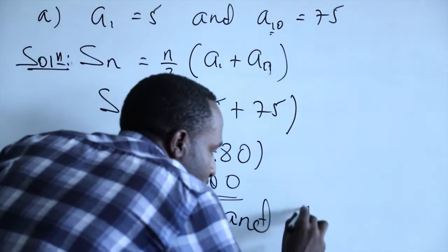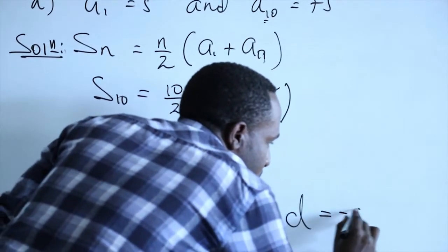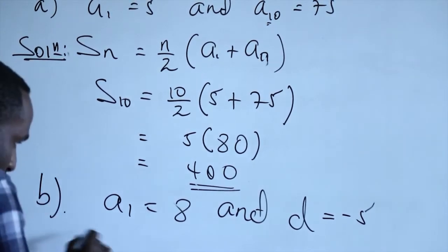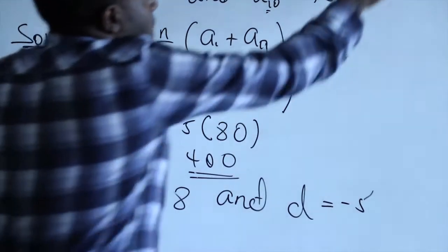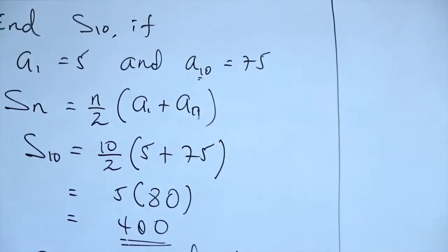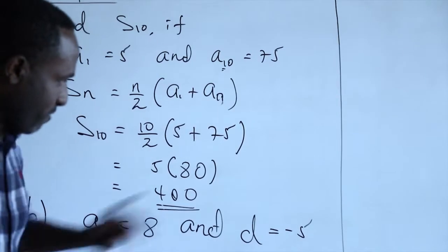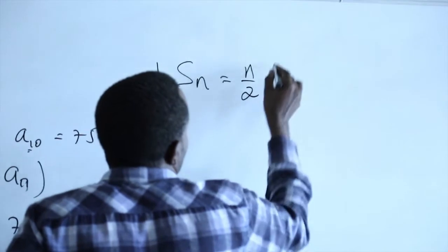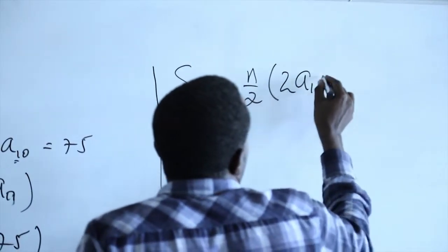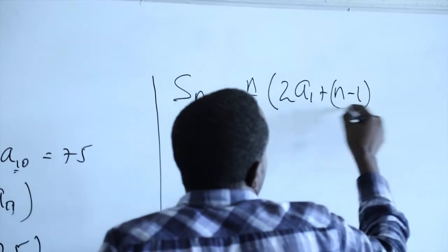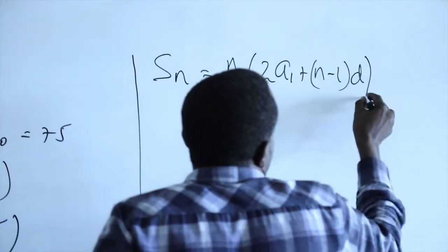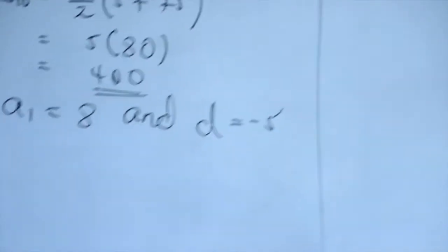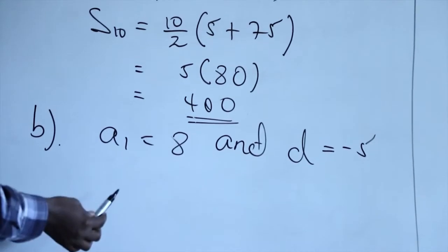Second problem, part B: a1 equals 8 and the common difference d equals minus 5. As a solution, the given quantity is the common difference, so the formula should be Sn equals n over 2 into 2 times a1 plus n minus 1 times the common difference d. We can calculate in such a way because the common difference d is given, n is also given as 10, and a1 is given.